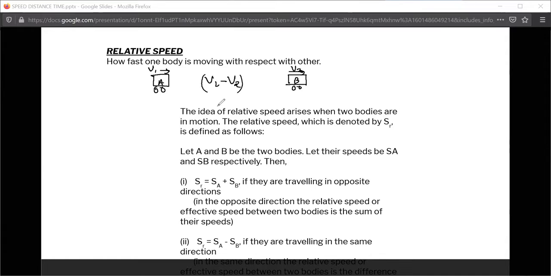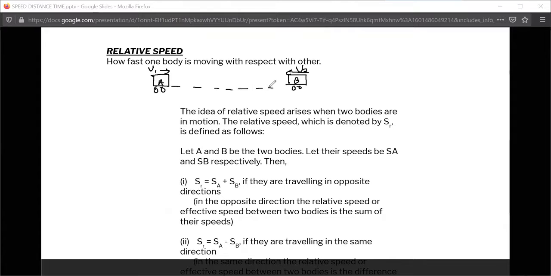So we subtract. Let's see the other case. Second case, when objects are moving in the opposite direction. It's the same speed v2 but in the opposite direction, and this is the distance between them.